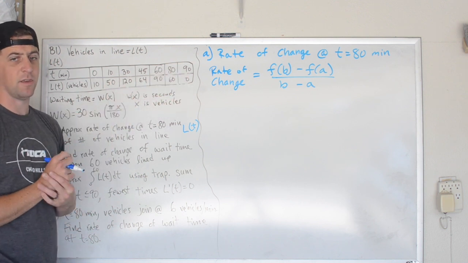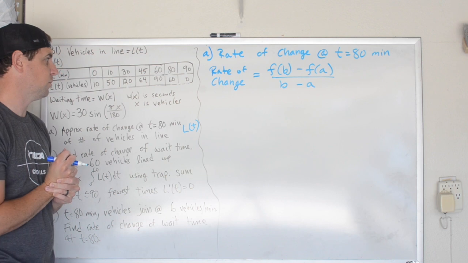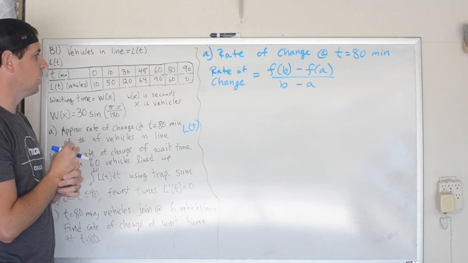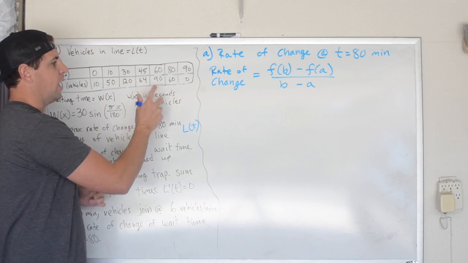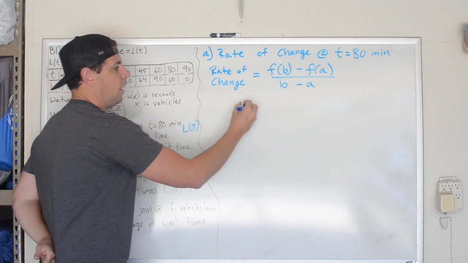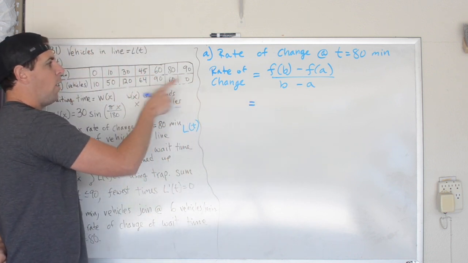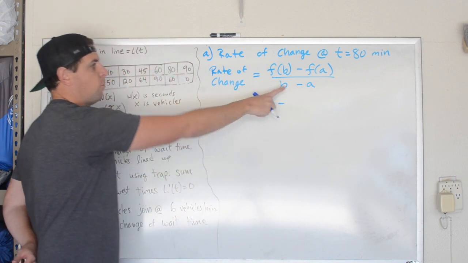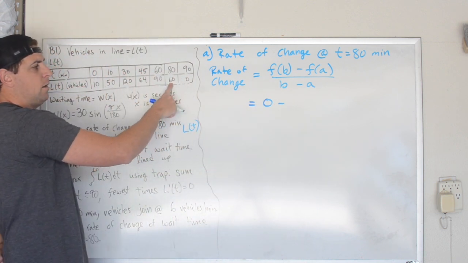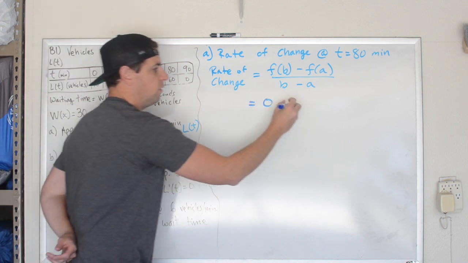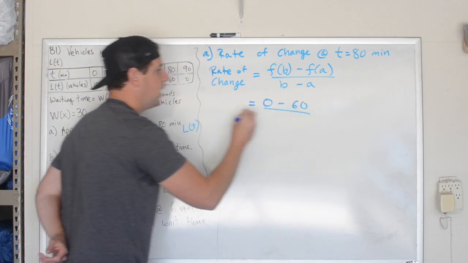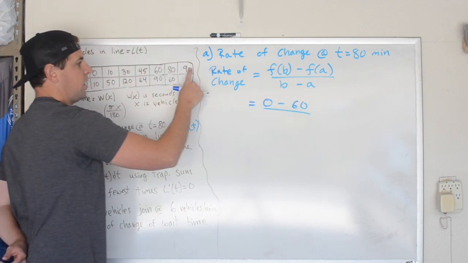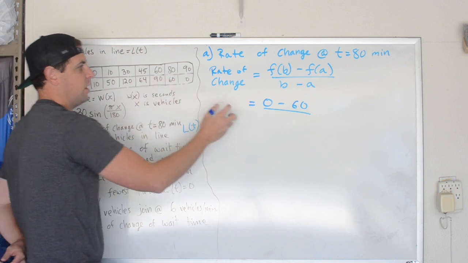You may have done the problem slightly differently and still gotten a correct solution. So here we go. If I'm using 80 and 90, then that's going to be the y value at 90, which is 0, minus the y value at 80, which is 60 vehicles, divided by b minus a. So that would be 90 minus 80.